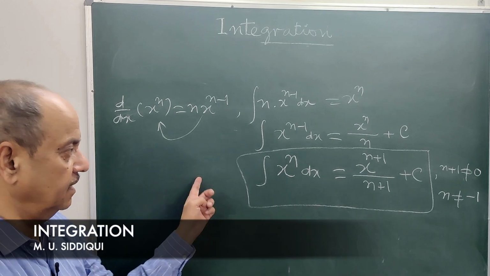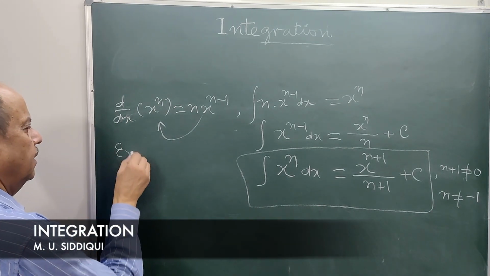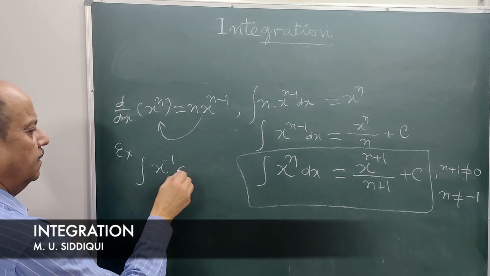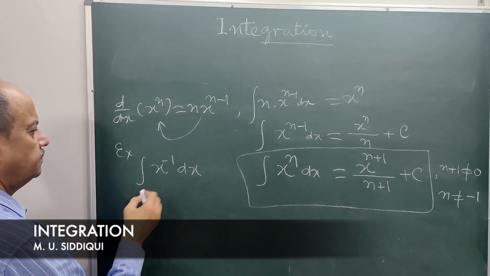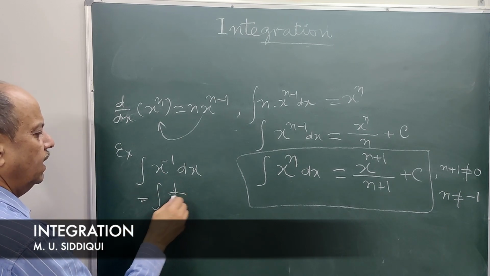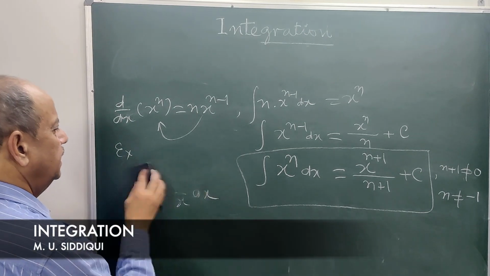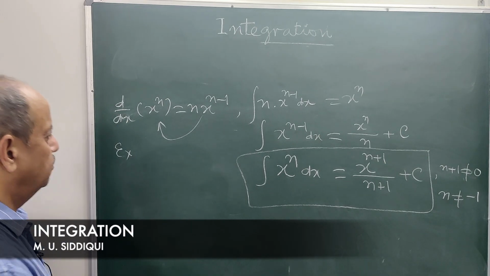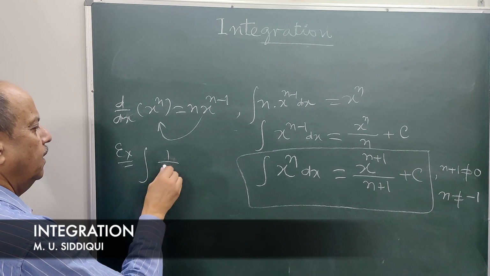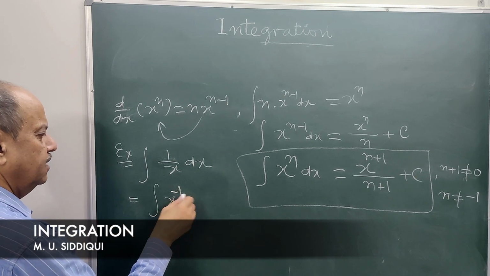And you can check it here. What happens if n goes to minus 1? As an example, say integral of x to the power minus 1, which is actually integral of 1 upon x dx. If you have to start that problem, 1 upon x with respect to x, we will write it as x to the power minus 1.